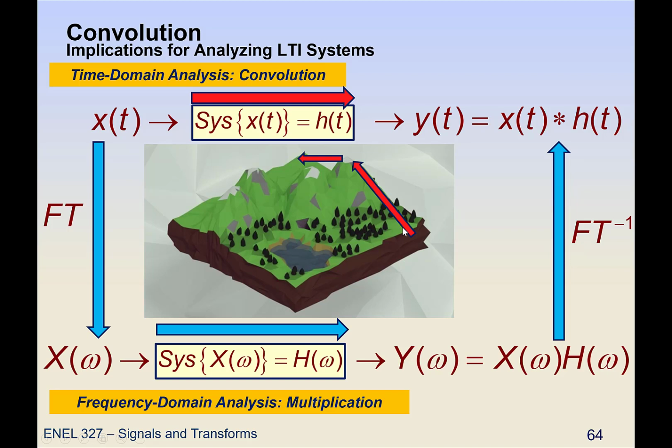Or I can walk along until I find a nice mountain pass, which is actually really easy to get over, and end up at the same spot. So it might seem like a longer path, but it might actually take way less work. That's the way I like to think about things in the frequency domain and analyzing systems.